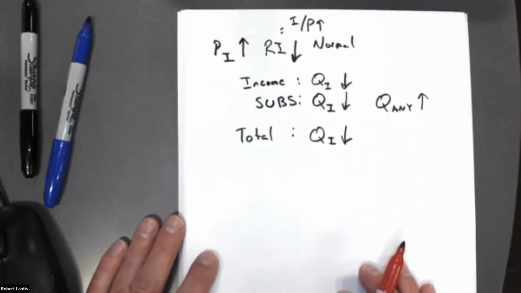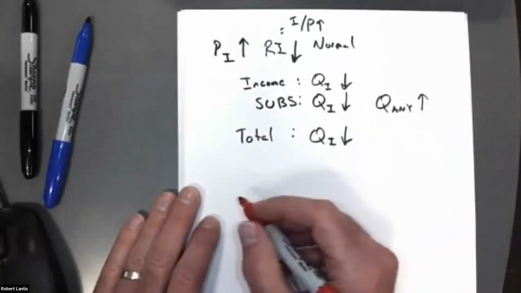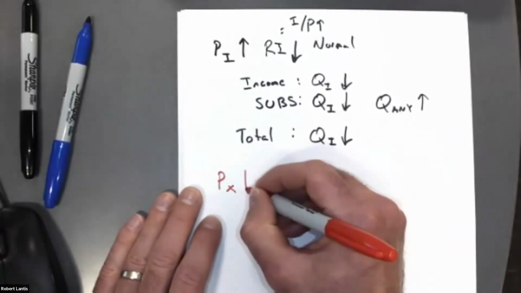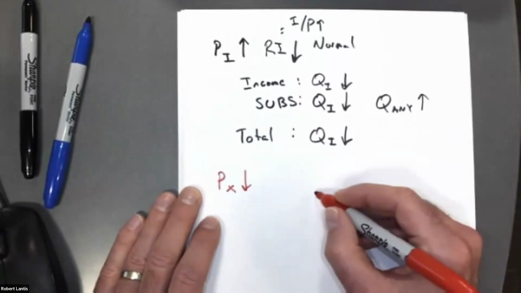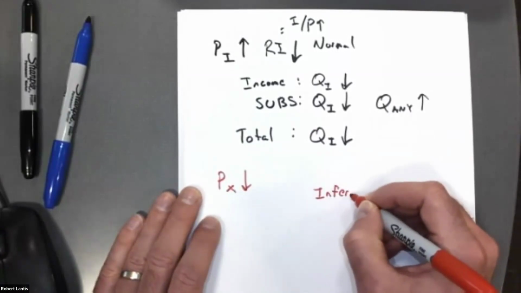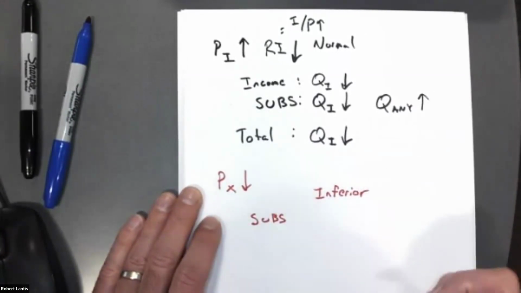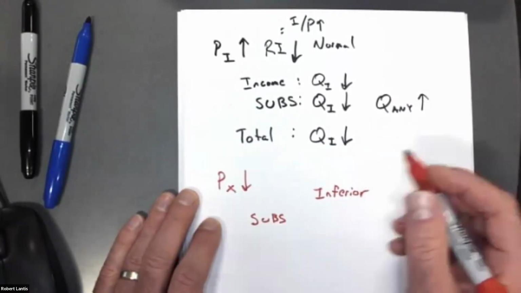Okay. So just to work through a slightly different one, and this could be any good. Let's say I've got the price of any good X, and let's say it goes down, but I'm told that this is an inferior product.